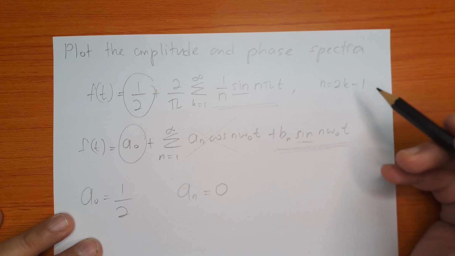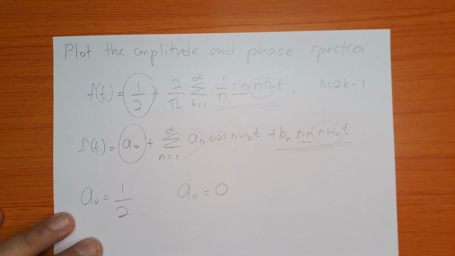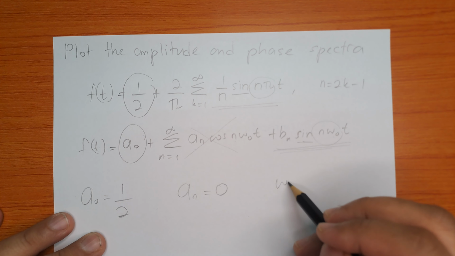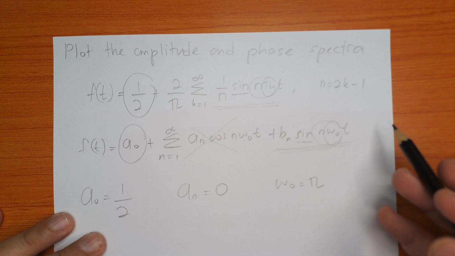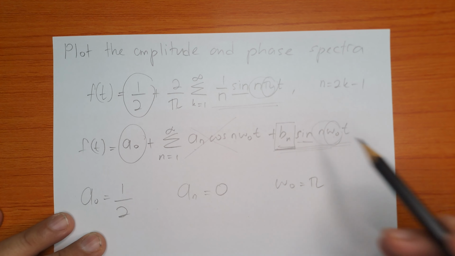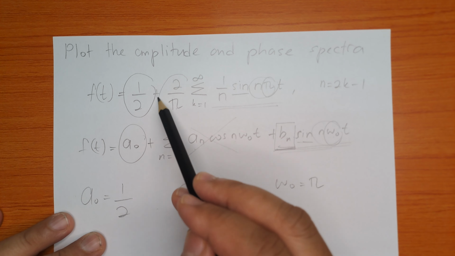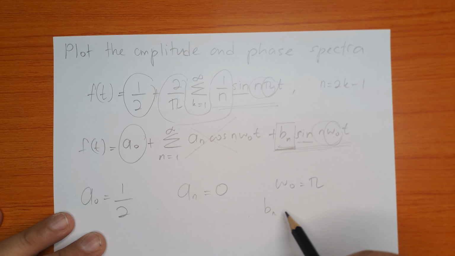From here we know that this n pi is n omega naught, so clearly our omega naught is pi. Now what about bn? Bn consists of this whole thing, so our bn is actually 2 over pi n.